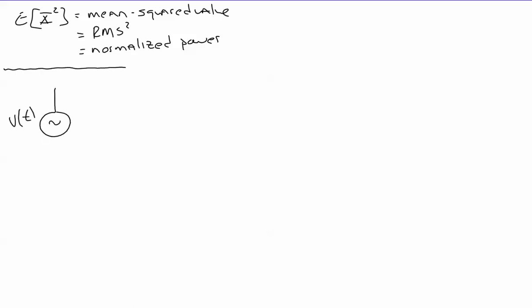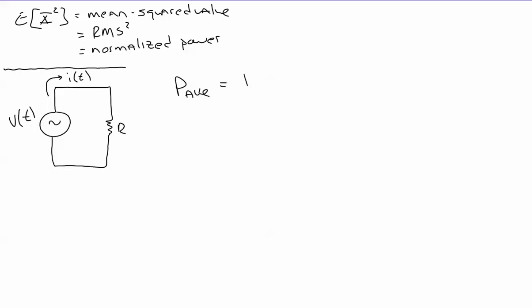I've got some voltage V, and I'm going to drop that voltage across some resistor R, and that's going to give me some current I. What is the average power dissipated by my resistor R? P average. That's the real power. That's the power that if you touched that resistor, it would burn your finger. It's the real power that's being dissipated by that resistor.